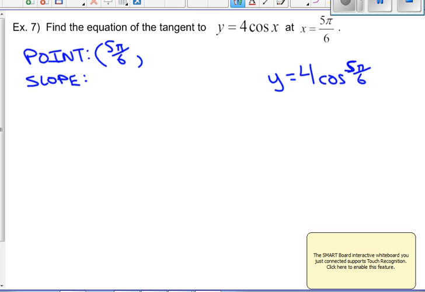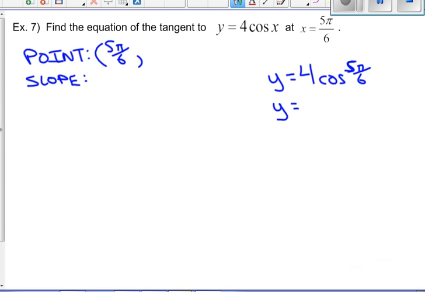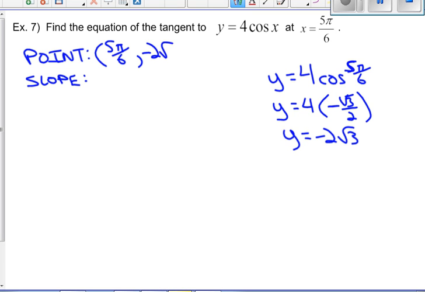So we do need to know what the cosine of 5 pi over 6 is. And that's going to be a negative number. And it's going to be negative root 3 over 2. Okay. So the y coordinate is negative 2 root 3. Okay, we can live with that.